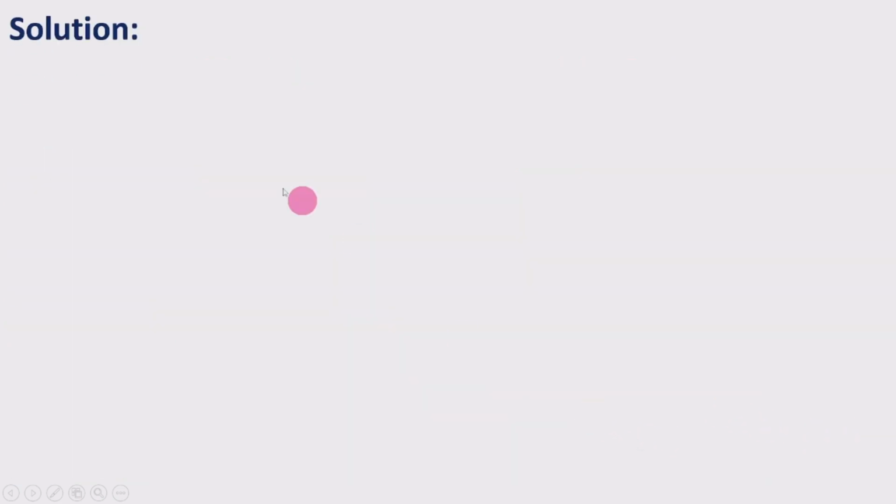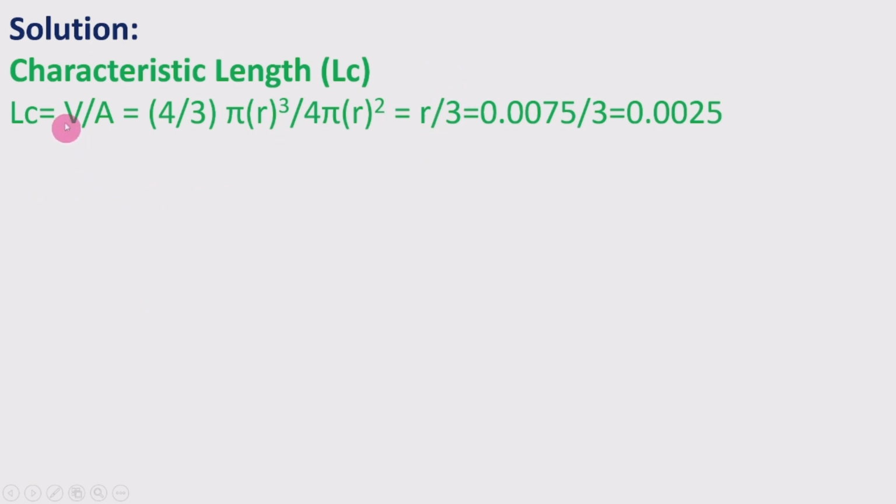Moving to the solution, the first one, we have to find the characteristic length of the sphere, and characteristic length is given by volume to area ratio, V by A. The volume of the sphere is 4 by 3 pi r cube and area of the sphere is 4 pi r square.